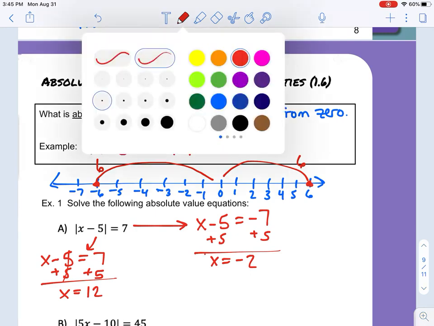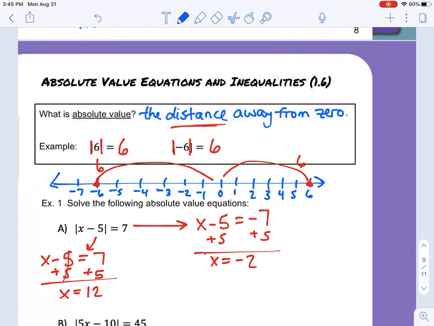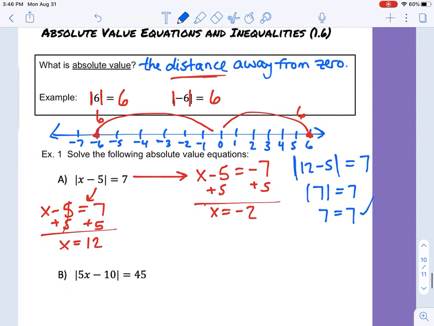Now, it's sometimes hard to wrap your mind around the fact that you can have two solutions. So let me plug these back in so you can see. So I plug in 12 minus 5 into my absolute value original equation. Check to make sure that equals 7. The absolute value of 7 is indeed 7, so this checks out.